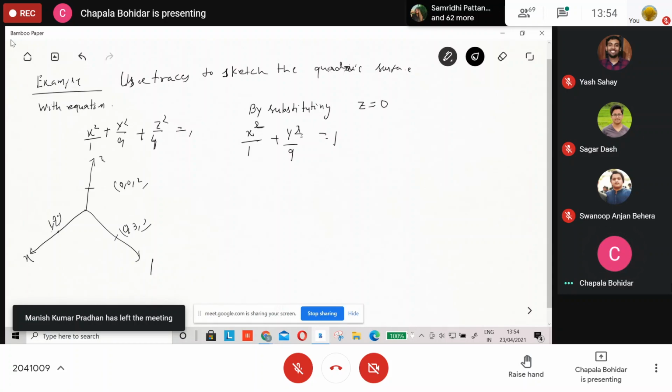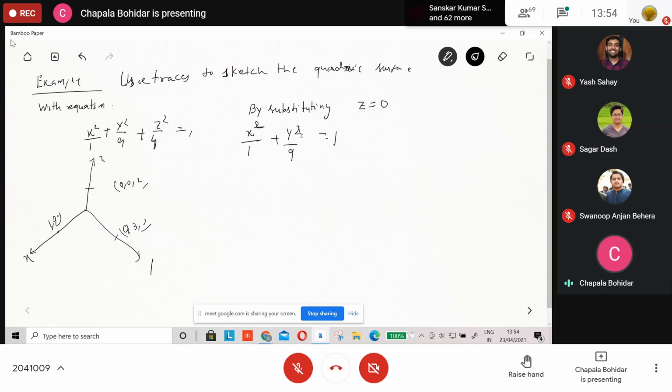Okay. So here we get an ellipse in the xy plane. Clear? Now in the xy plane, though we are getting an ellipse here, it is a horizontal trace.